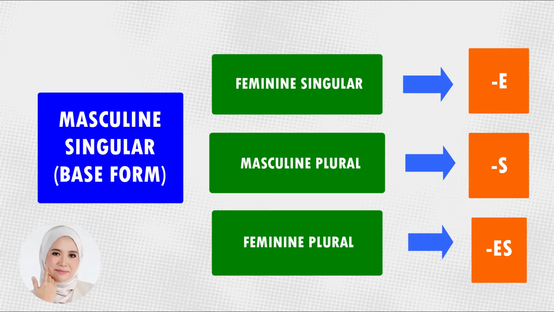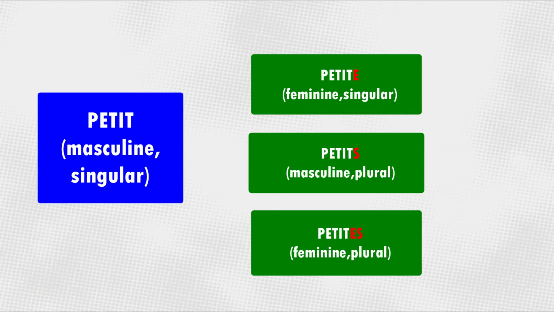Let's choose one adjective as an example to show you. You have the adjective petit. Petit here means small. Petit is the masculine singular form, the base form.